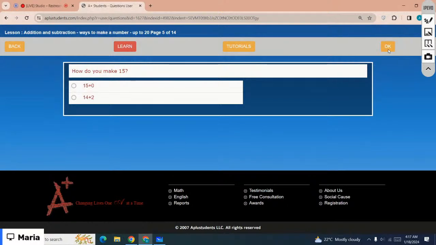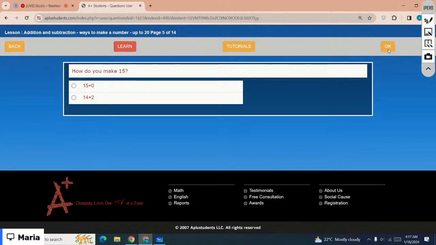How do you make 15? Which is the correct option? The correct option is 15 plus 0, that is the one that makes 15.